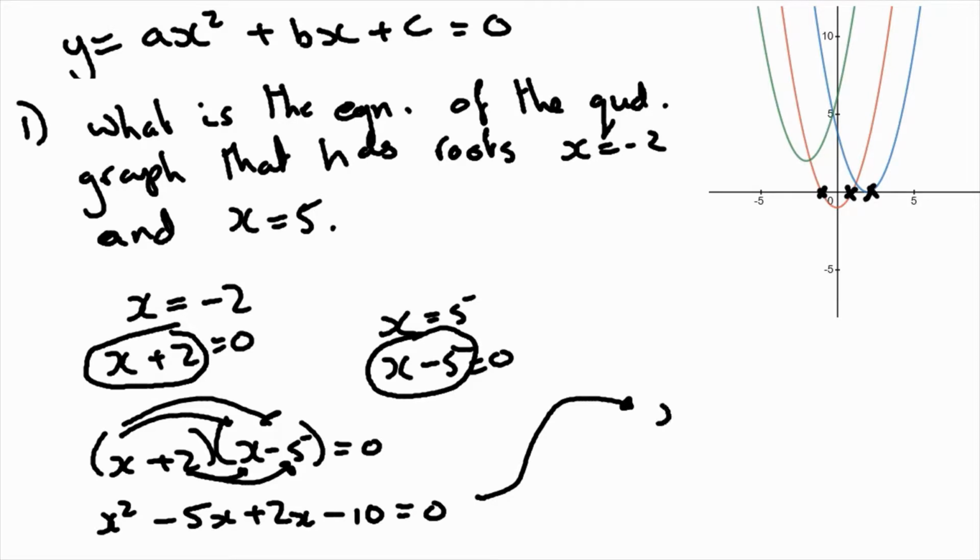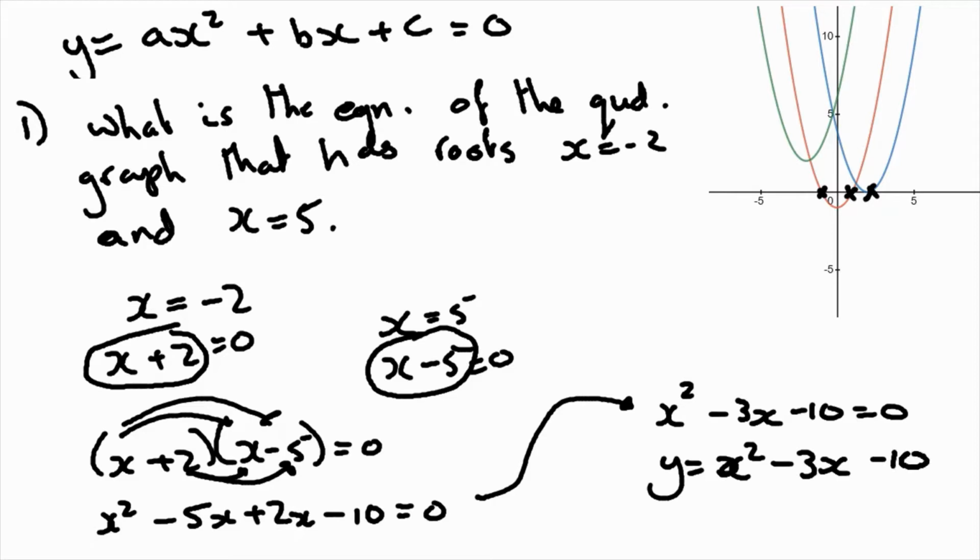So if we simplify the middle terms, we're going to end up with x squared minus 3x minus 10 equals 0. And this is for the roots, so the equation of the graph would be y equals x squared minus 3x minus 10.